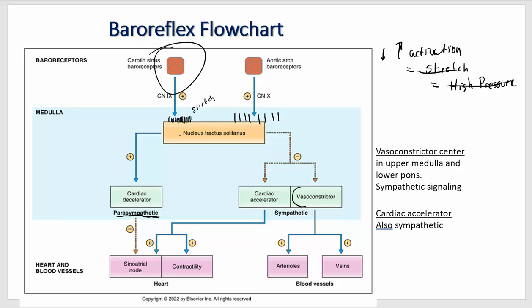So now we have vasoconstriction involved, and both of these things will increase blood pressure. So now we have increased frequency at the SA node, increased contractility of the heart, and vasoconstriction of the arterioles and the veins.